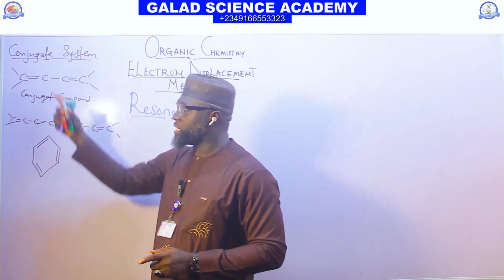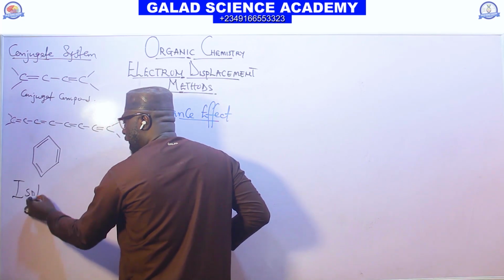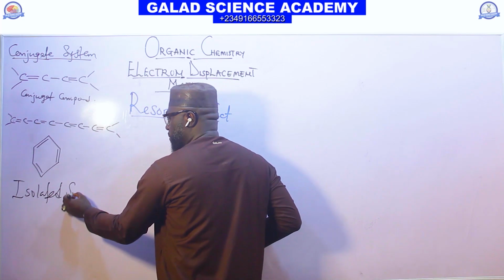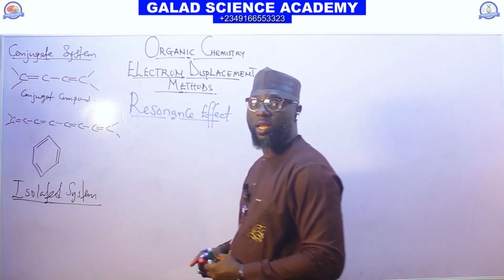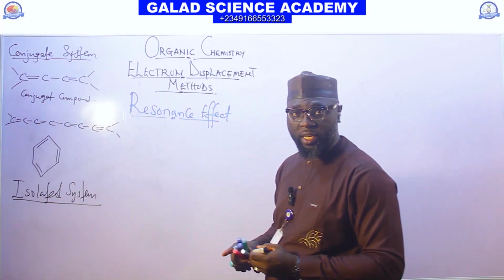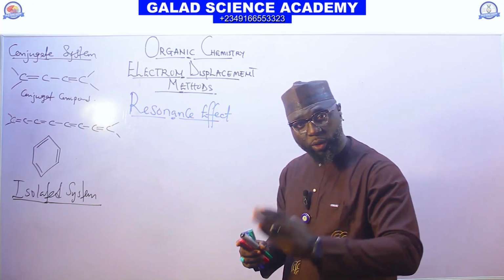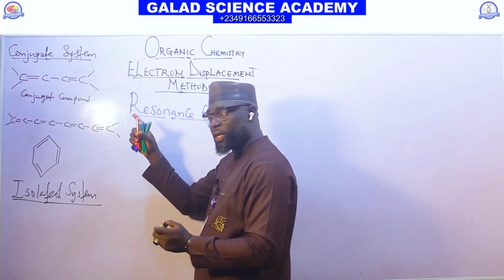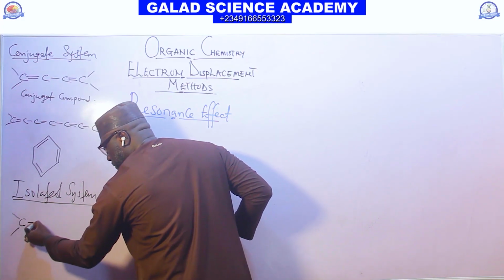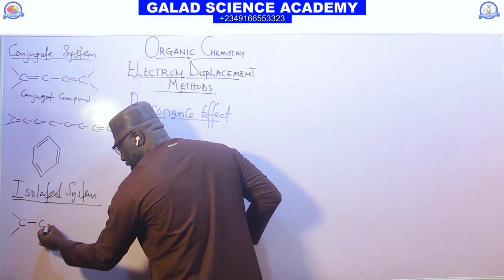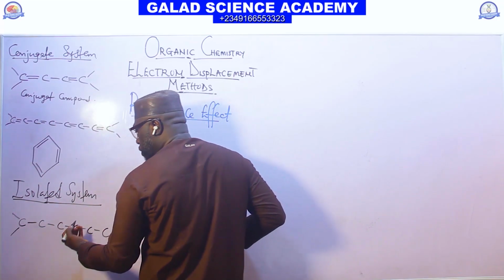After this conjugate system, we also have what we call an isolated system. The isolated system is the opposite of this. In an isolated system compound, there is no alternation between double bond and single bond. Take for instance carbon, carbon, carbon, carbon, carbon.